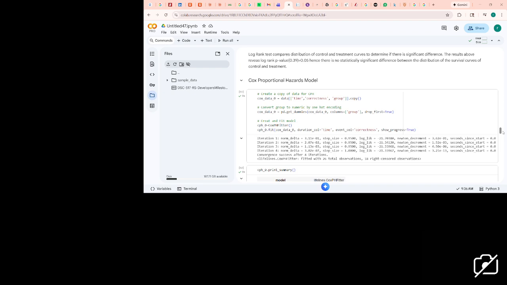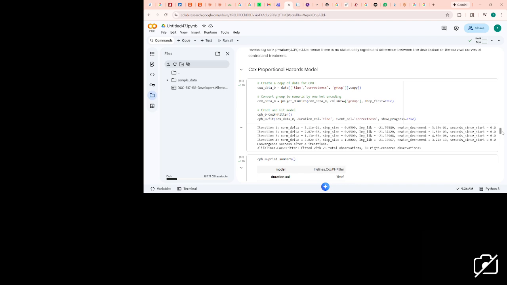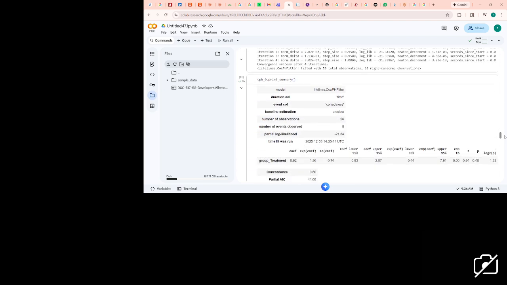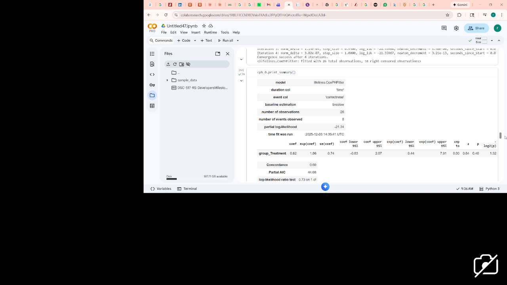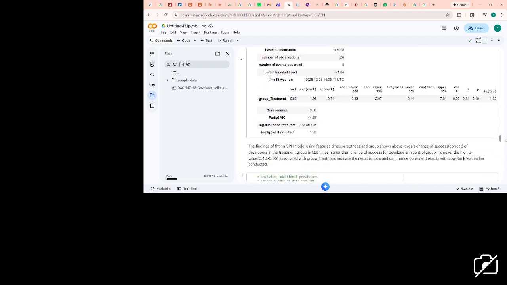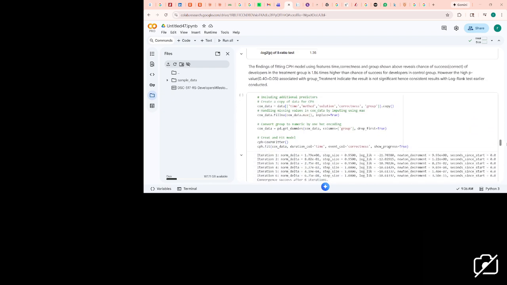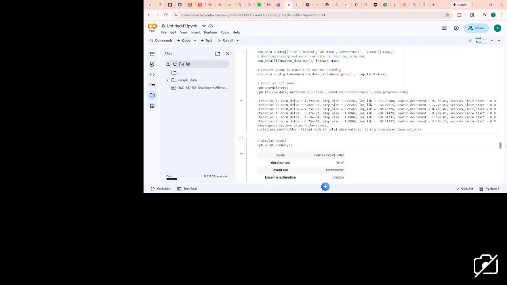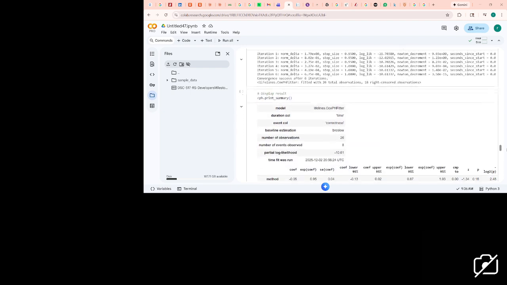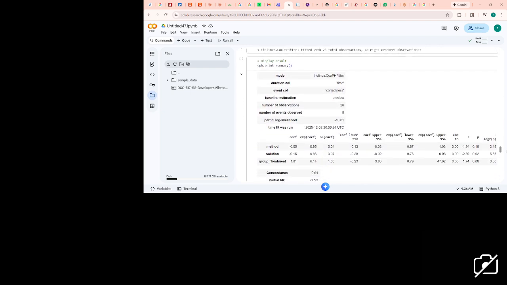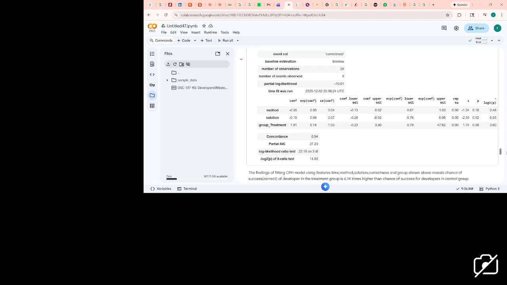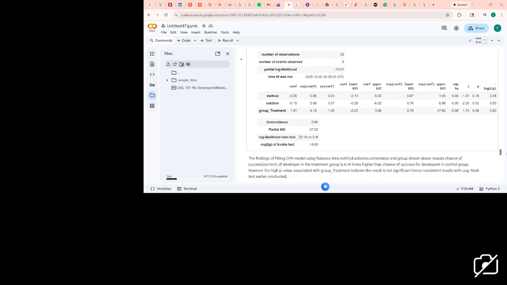First, we plotted for time, correctness, and the group alone. Then after, another plot, where we added predictors. The predictors we added were method and solution, the two, and that is what we got.